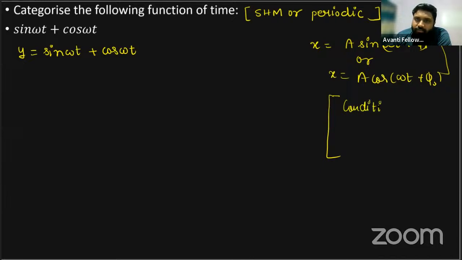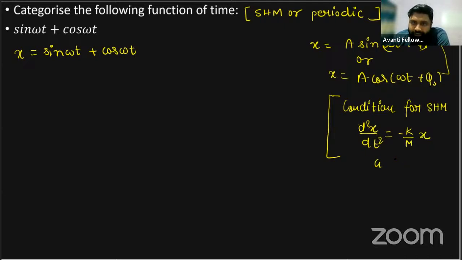The condition is that d2x by dt square equals minus k by m into x, or acceleration is directly proportional to negative of x.